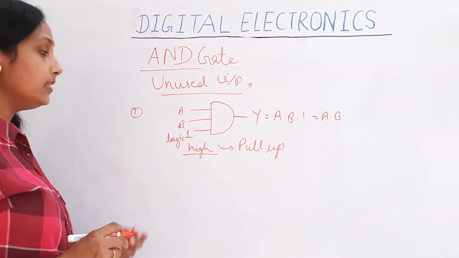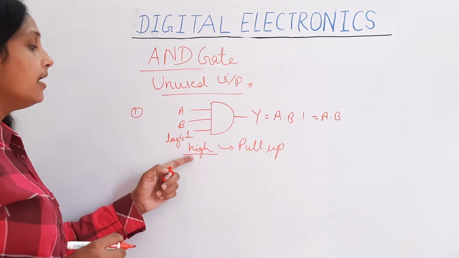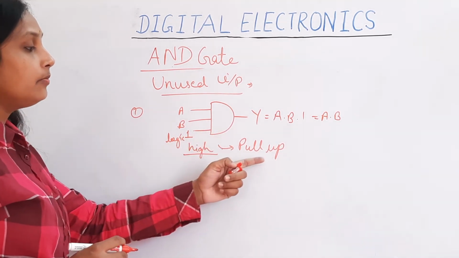So this is the first way to use the unused pin of an AND gate: connecting it to logic 1 or high, also called pull up.